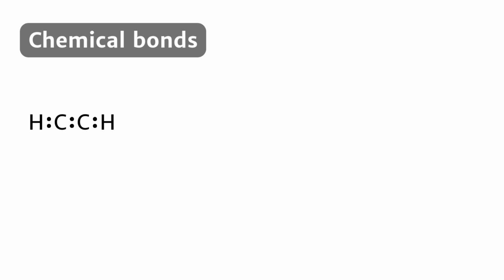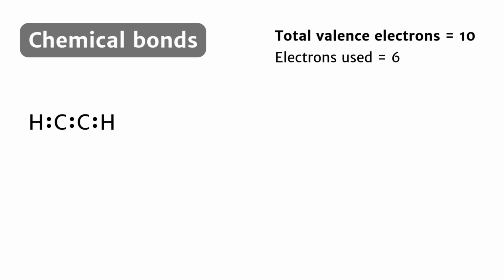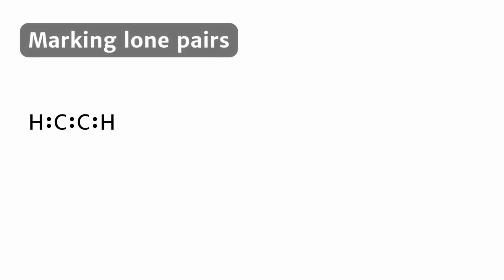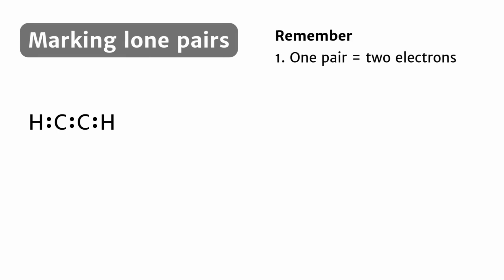In this way, out of the total 10 valence electrons, we have used 6 electrons to form 3 chemical bonds, leaving 4 electrons unutilized. Lone pairs consist of electron pairs that are not involved in chemical bonding. Keep in mind that 2 electrons form a single lone pair.